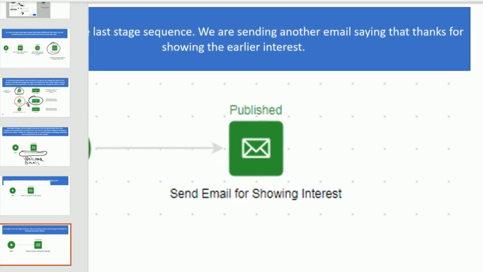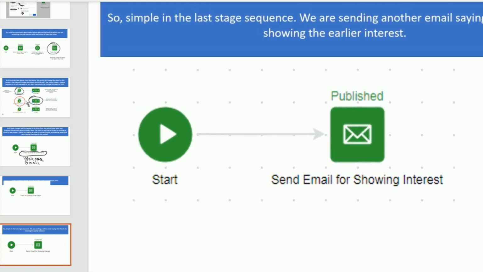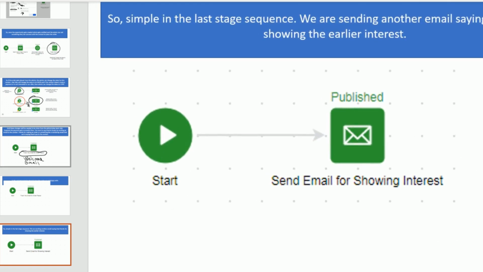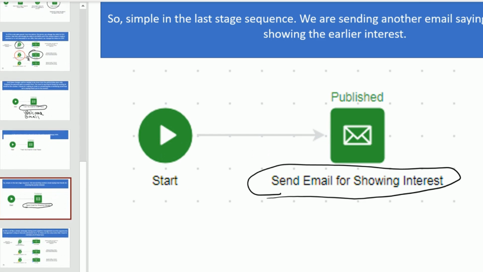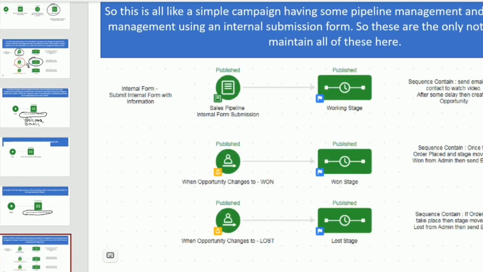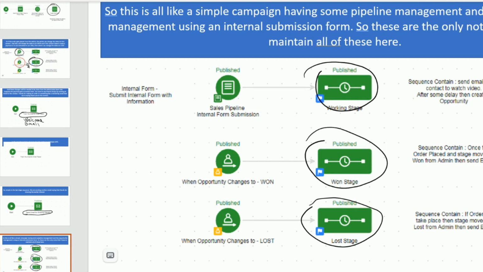So if someone's actually interested in the working stage, you could send an email thanking them for showing interest. And again, you could put whatever emails you want in each of these stages. You could rename these stages, and you can even add more stages if you have a more complicated sales process.